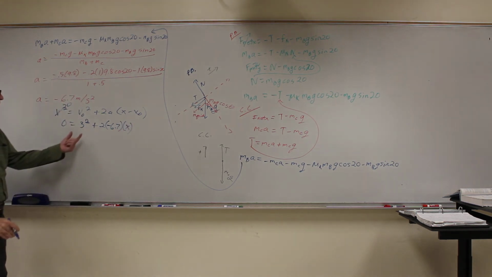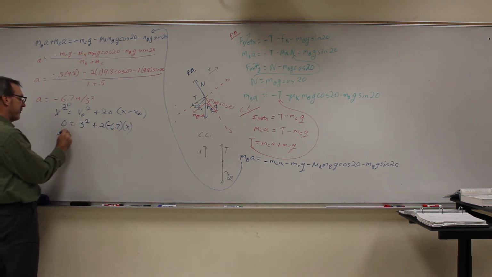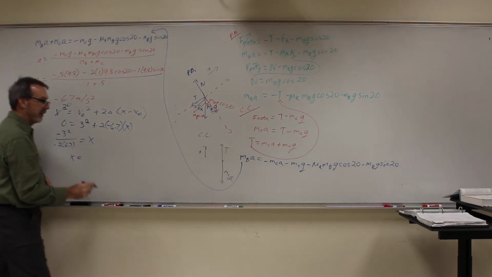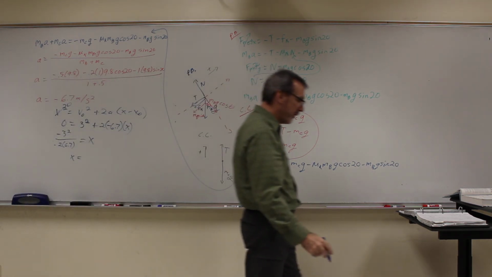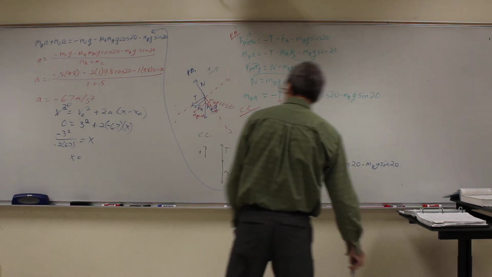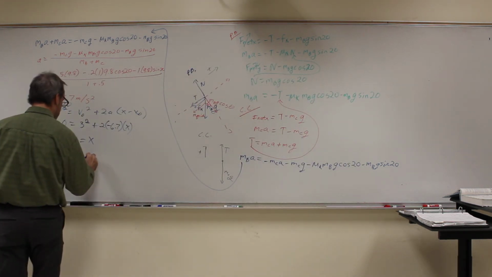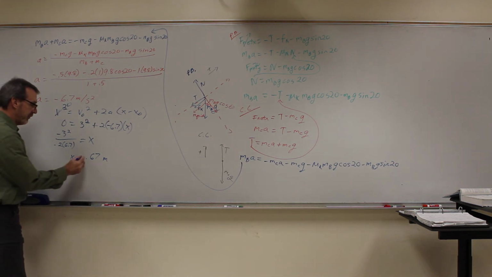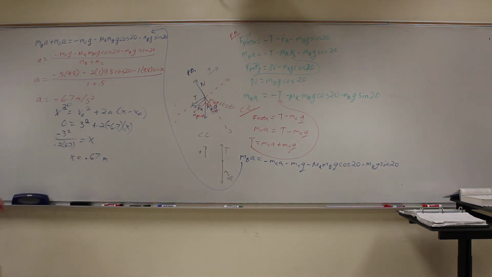We're just going to solve that for x. So this becomes negative 3 squared over negative 2 times 6.7. If I move the negative to the outside, it's all equal to x. You get x is equal to 0.67 meters. So that's how far it slides up.